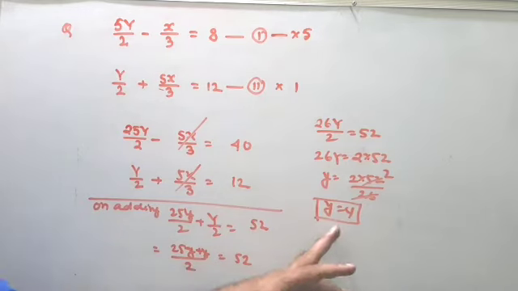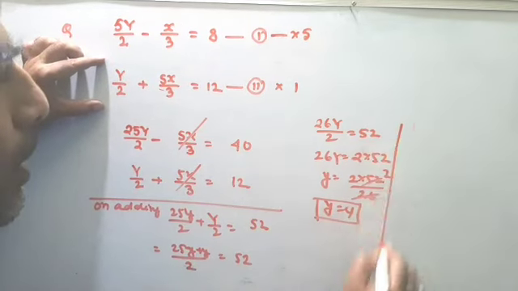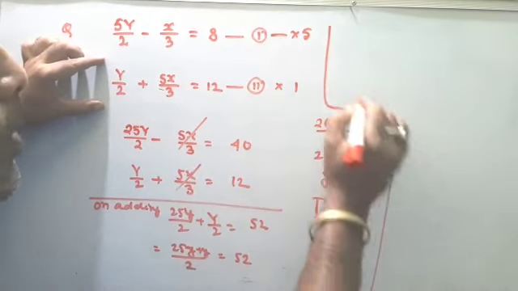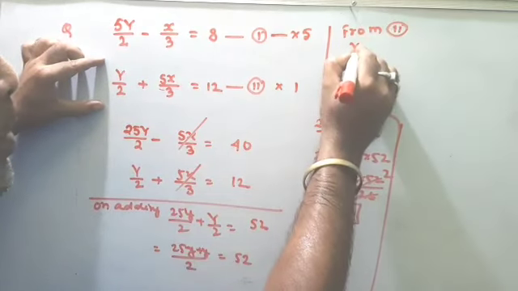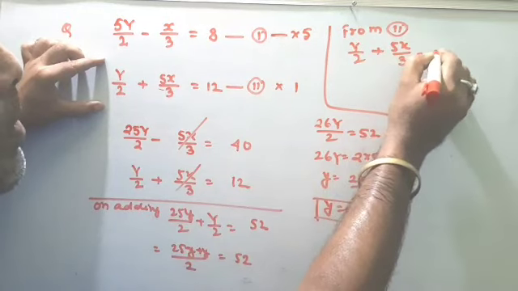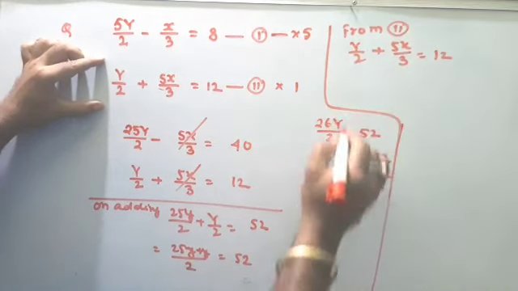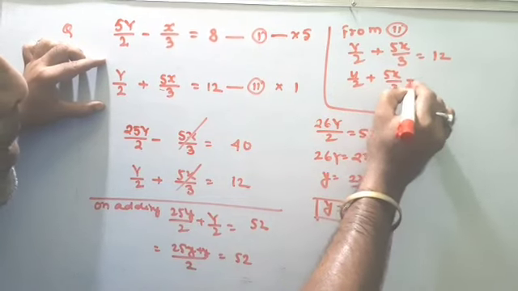Now put this y in any equation. This time I use equation 2. From equation 2 you write y by 2 plus 5x by 3 is equal to 12. In place of y you put 4. So 4 by 2, which is 2, plus 5x by 3 is equal to 12.